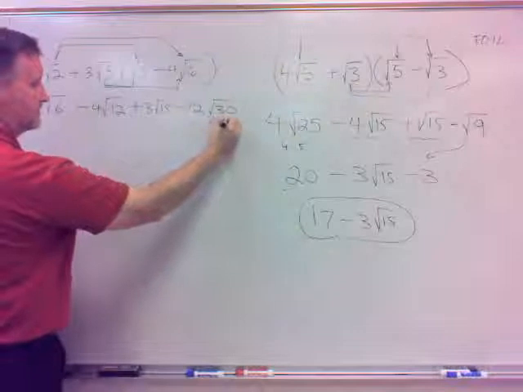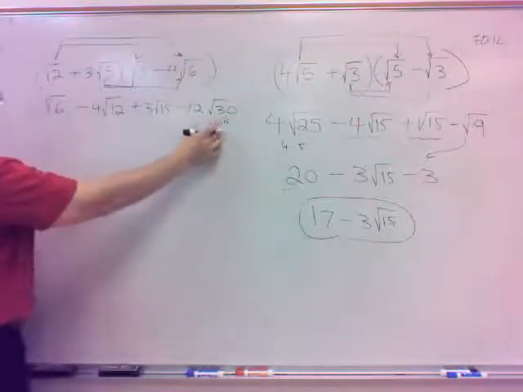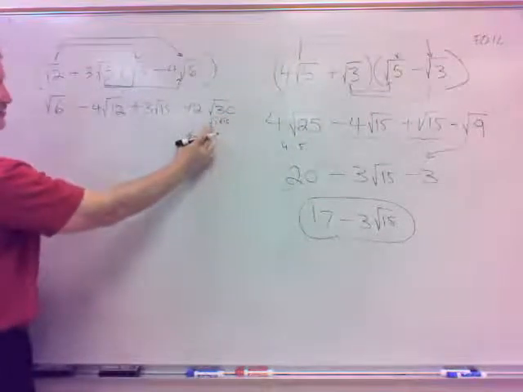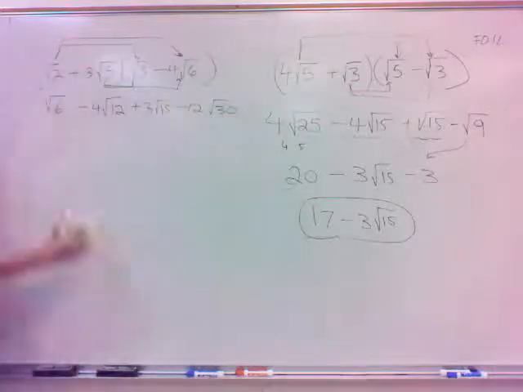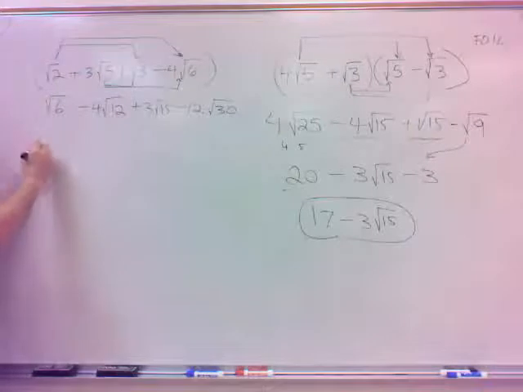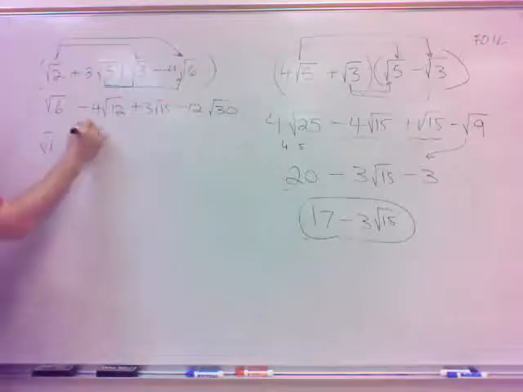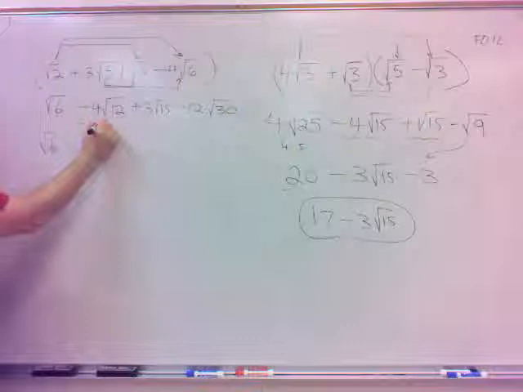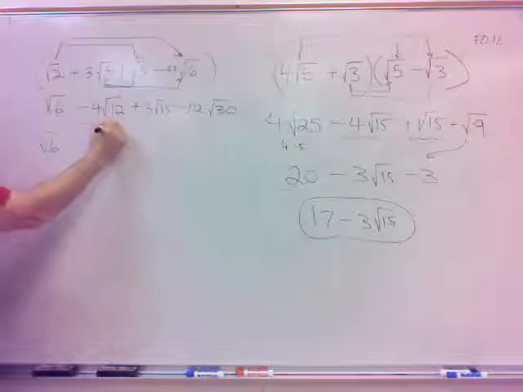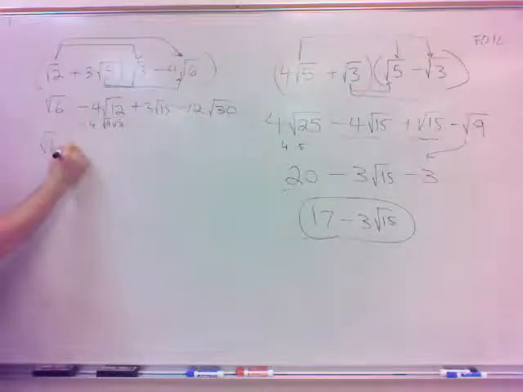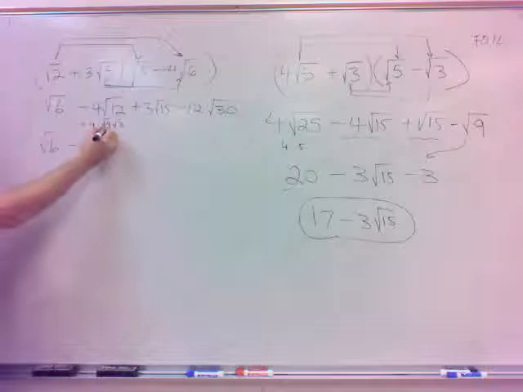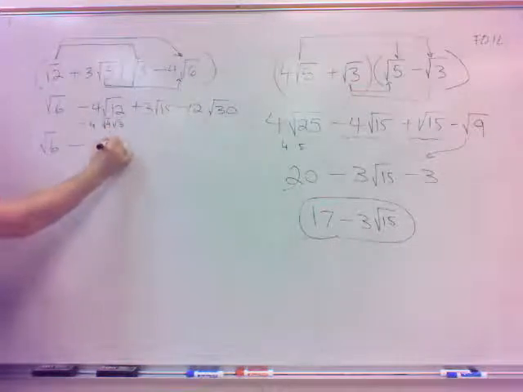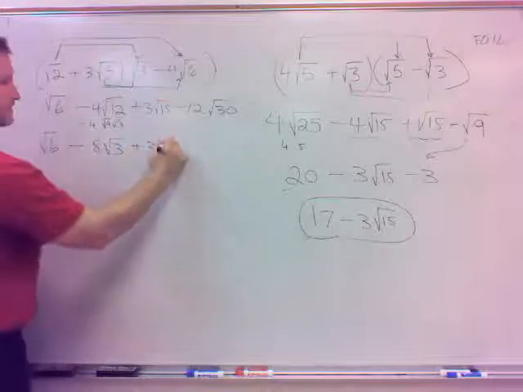I think I see what you're trying to do, but since I can't simplify the square root of 2, I'm going to leave that one alone. Okay? This one, how about this one? Square root of 12. 4 and 3. Okay, so this will be 6, and this will be minus 4 times square root of 4, square root of 3, which is minus 4 times 2 square root of 3, so it'll be minus 8 square root of 3. That's the only thing I can do with this.